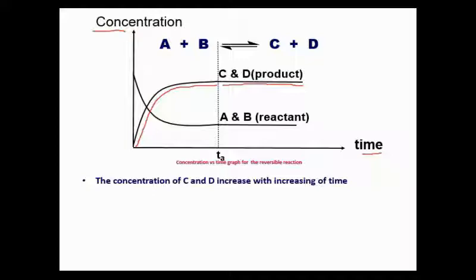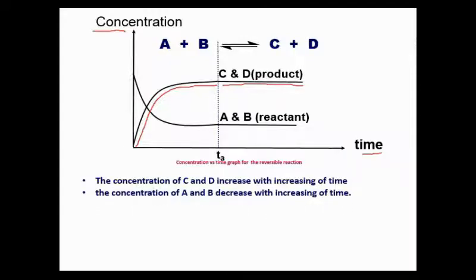So from this graph, for a reaction A plus B forming products C and D, the concentrations of C and D increase with increasing time, indicated by this line, the red line and the black line.